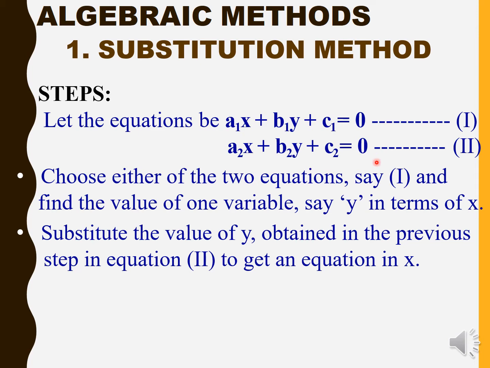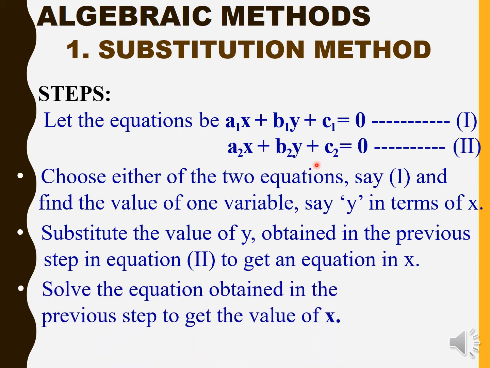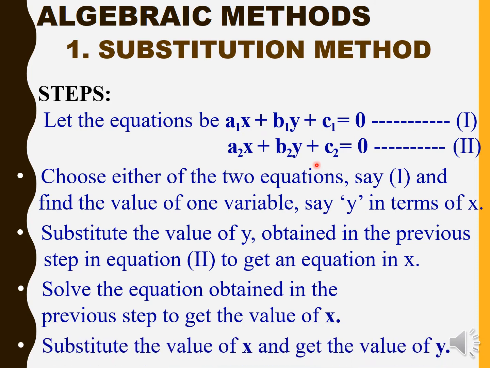Clearly, if we substitute the value of y in terms of x from the previous equation in equation 2, then this second equation will completely become an equation in terms of x. So we'll gradually solve that equation to get the value of x and then substitute that value of x in any of these two equations to get the value of y.